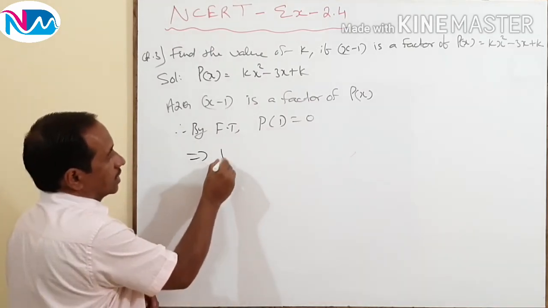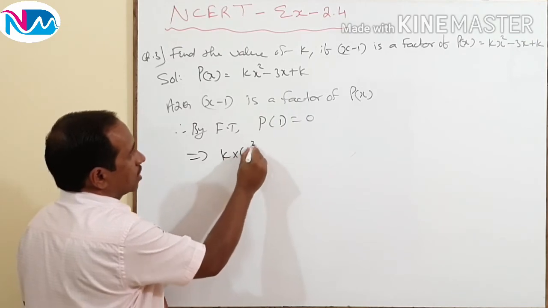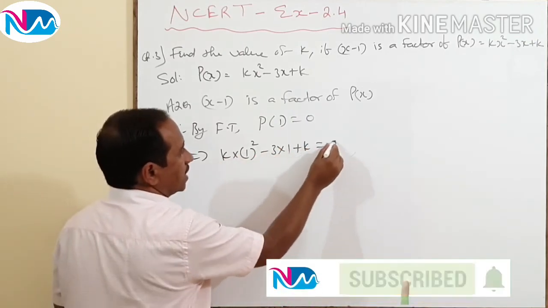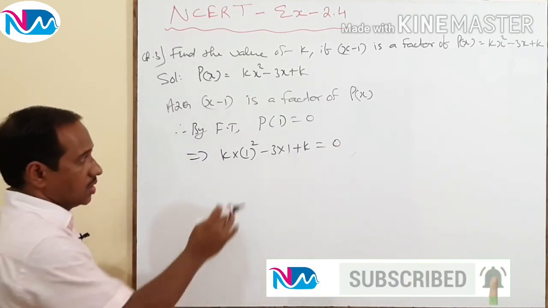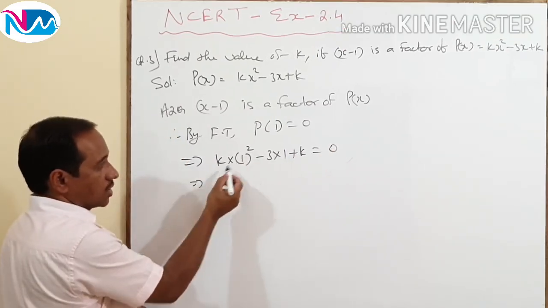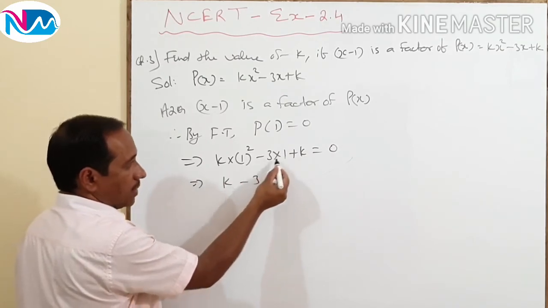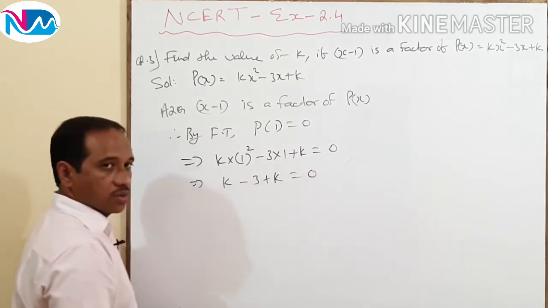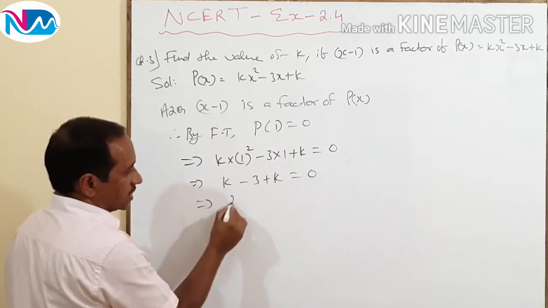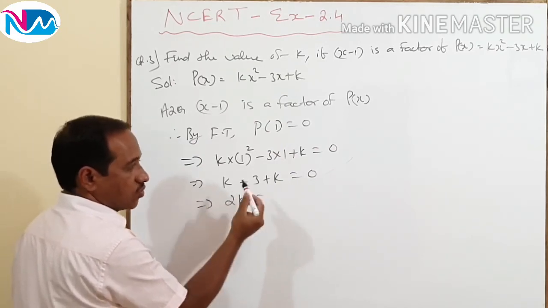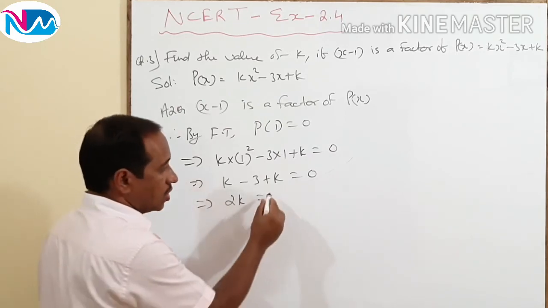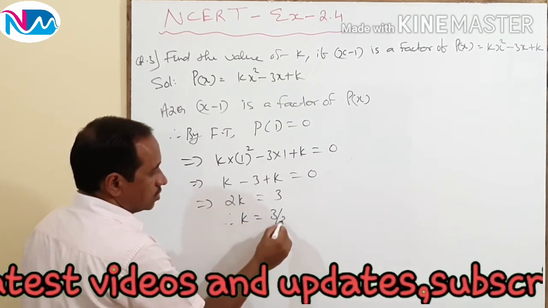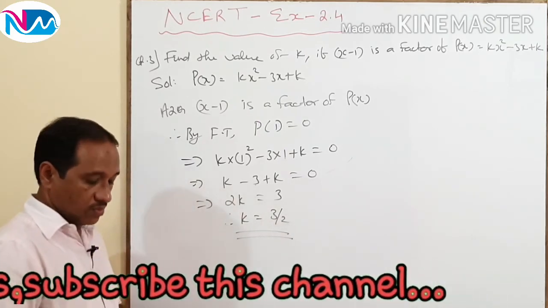So we get k into 1 square minus 3 into 1 plus k is equal to 0. 1 square is 1, k into 1 is k, minus 3 into 1 is 3, plus k is equal to 0. k plus k, 2k is equal to minus 3 will go as plus 3. Therefore, k is equal to 3 by 2.